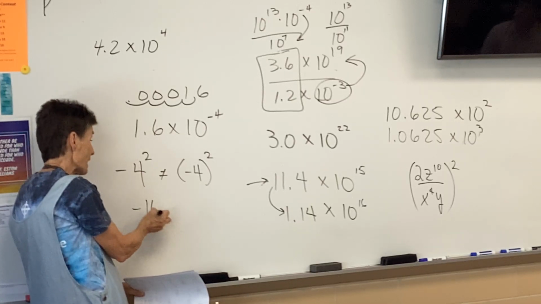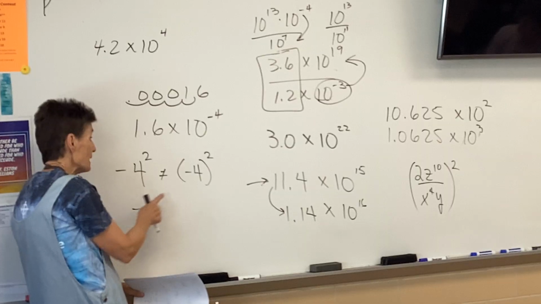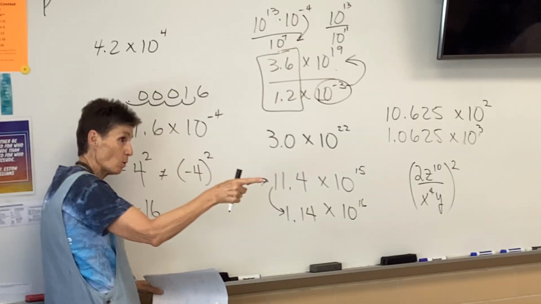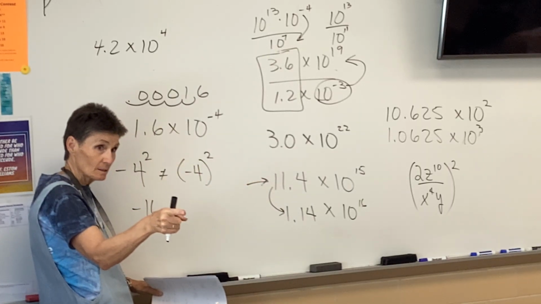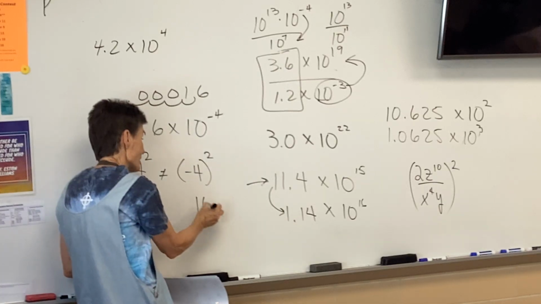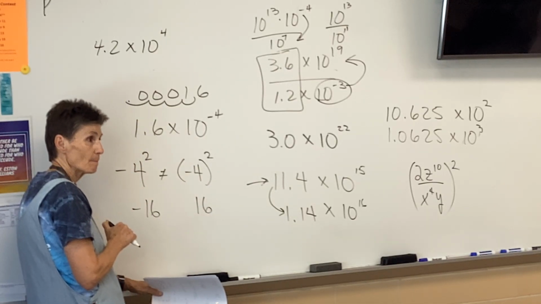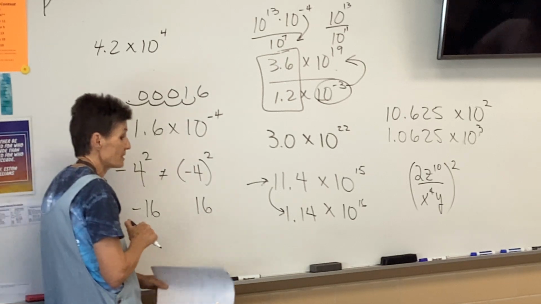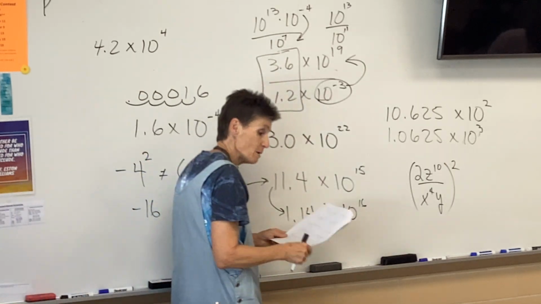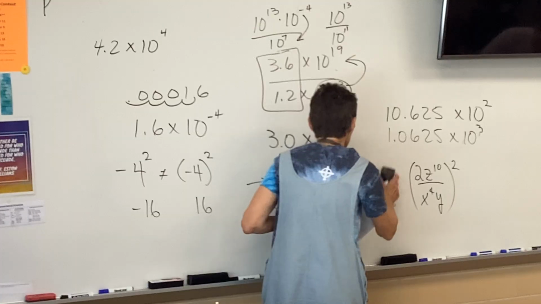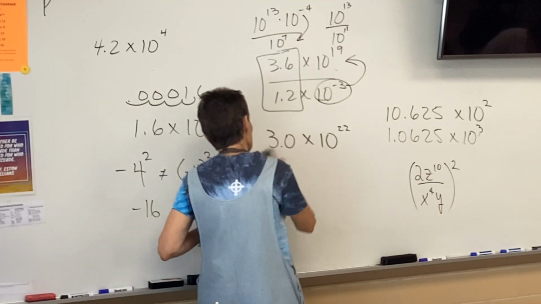So this is actually negative 16. Here, negative 4 is getting squared, so that would be positive 16. See the difference? Pay attention to that.